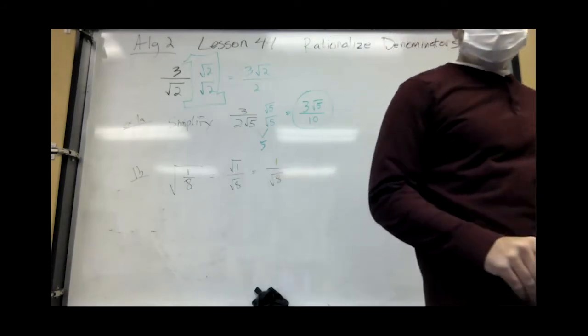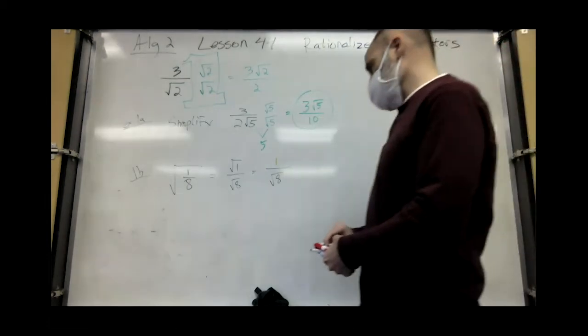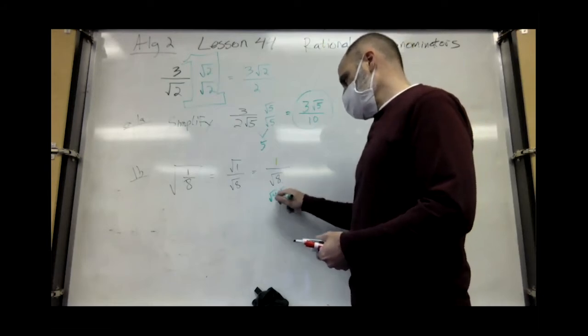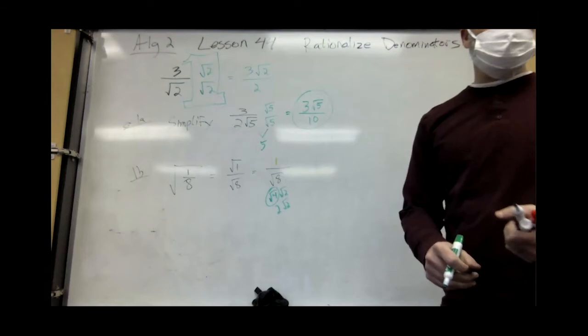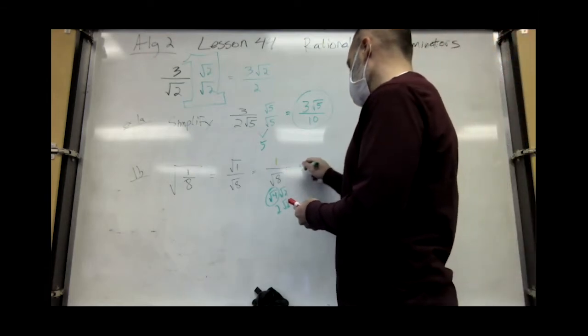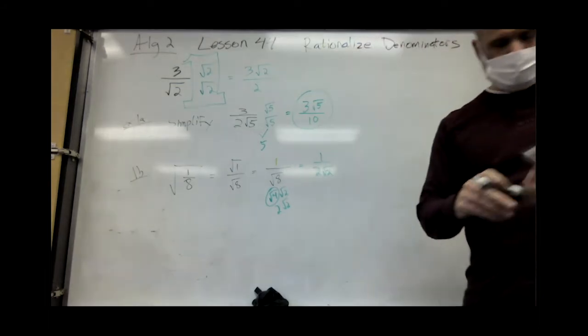Now, technically, you could simplify that. You could do that right now, because there's a square inside of square root of 8. What is living inside of there that you need to take out? Right, so square root of 4 is 2. So square root of 8 is just 2 radical 2. So then I get 1 over 2 radical 2, but I still have to deal with that radical 2.